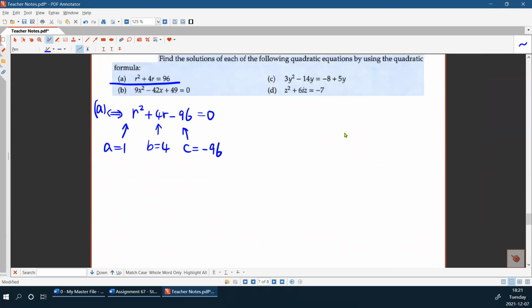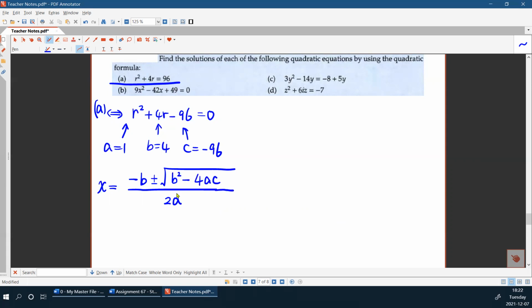And according to the quadratic formula, the roots of the quadratic equation is x equals minus b, positive or negative square root of b squared minus 4ac, over 2a, right?